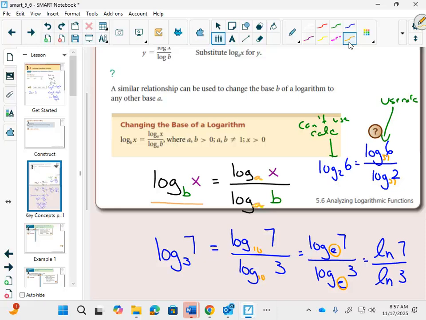Log with a base of e is the same as ln, natural logarithm. I think it's French though, logarithm naturel, something like that. So if you typed in ln of 7 over ln of 3, these would all get you the same answer.